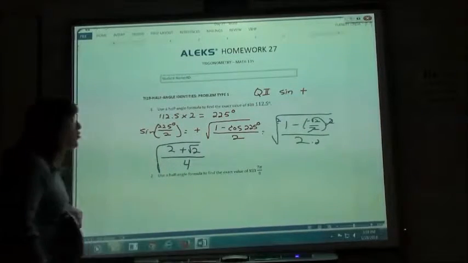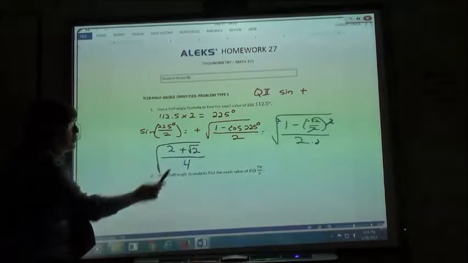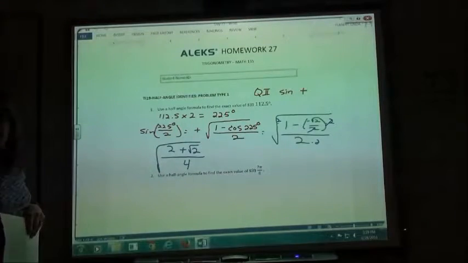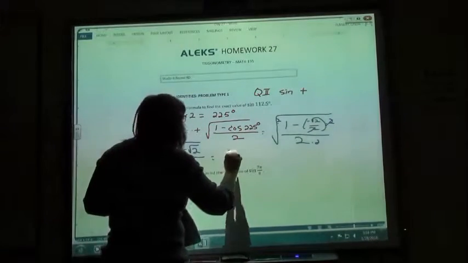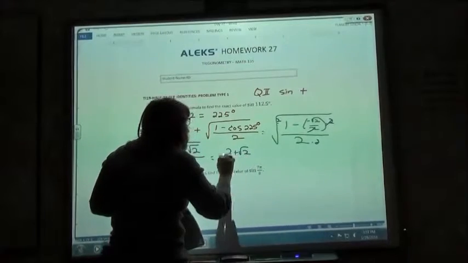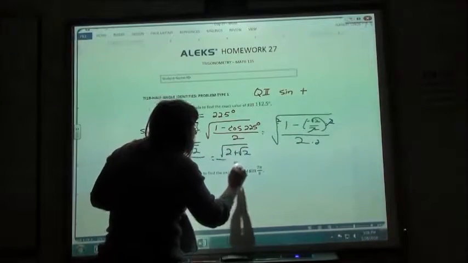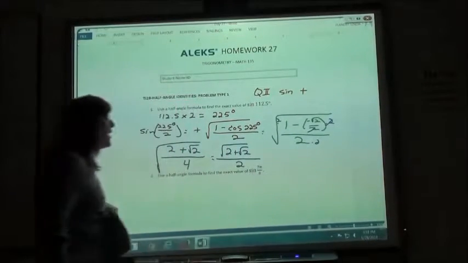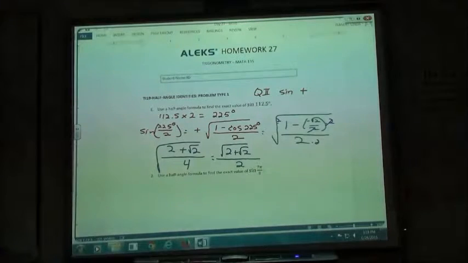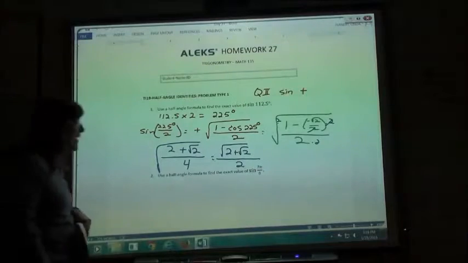That's all underneath the square root. Since the square root of 4 is a perfect square, I can simplify that. So I'm going to have 2 plus the square root of 2, still under the square root, but then on the bottom, I'm just going to have a plain old 2 since I did the square root of 4. And that's going to be my answer, as simplified as I can do it.